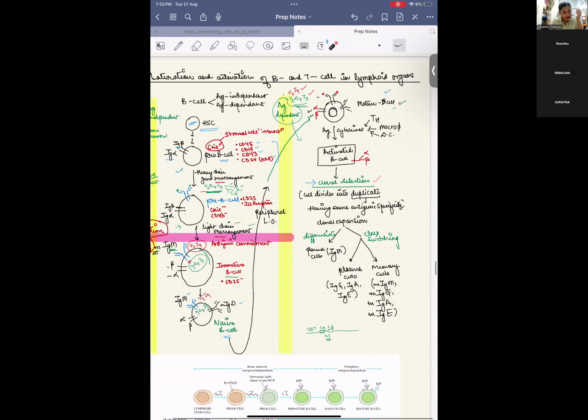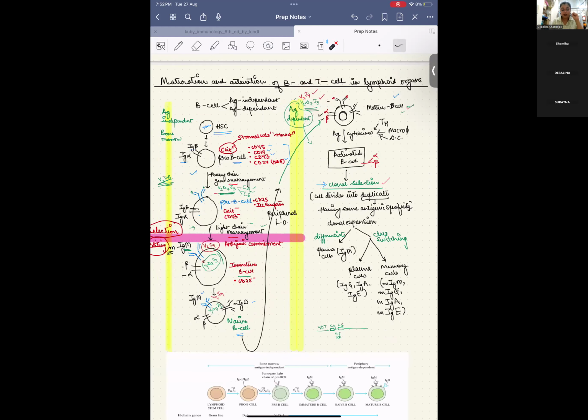Again, how is the switching of isotype happening? The variable region's make is going to be the same. The body knows the selection is only going to occur in favor of this particular type of variable region. But the heavy chain produced here, the C chain that is produced here, can be of a different type now. So it can be C gamma, C alpha, or C epsilon, based on whatever the body's instructions are. It could be of all the different types.